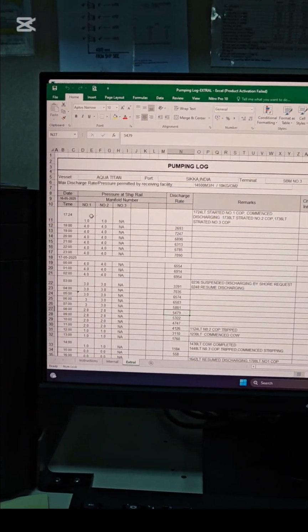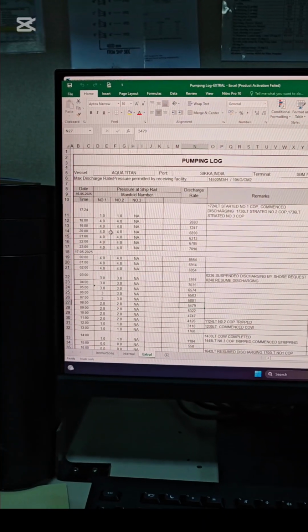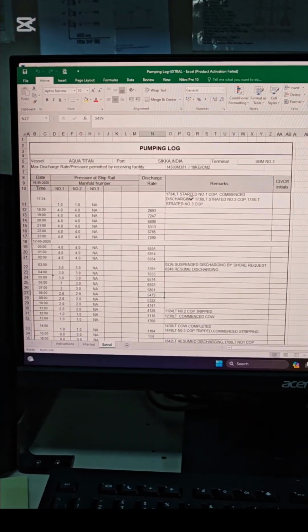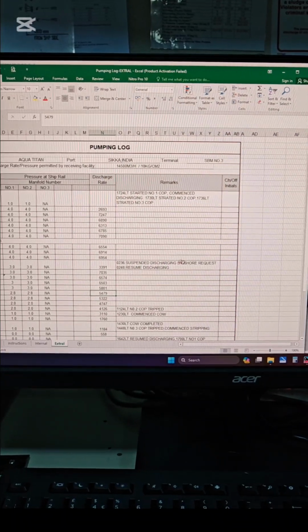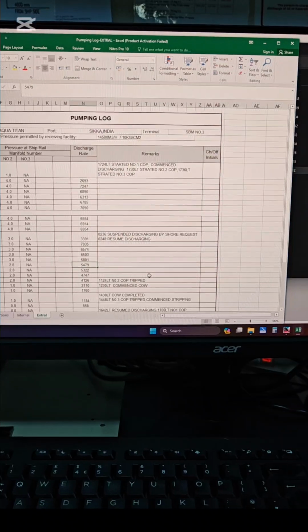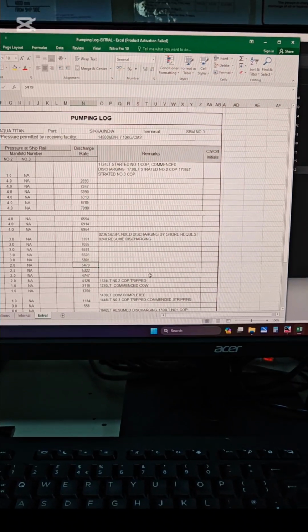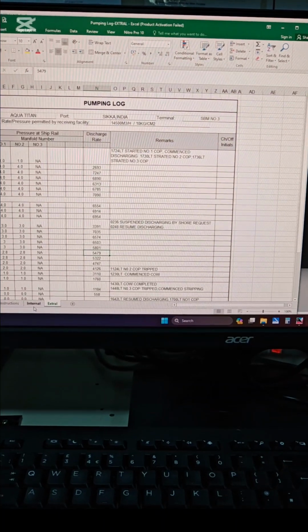This is your manifold number, time, number 1, number 2, number 3 manifold, and pressure is here. And the discharge rate is here. This is a remark: stopping, or sometimes commence, sometimes suspended, sometimes tripped, sometimes commenced COW, or COW finishing, commenced stripping, or completion of stripping. Like this you can write in remarks.